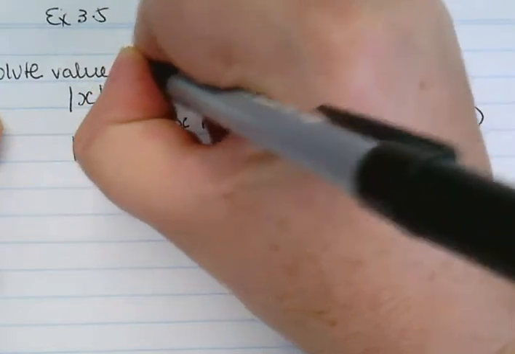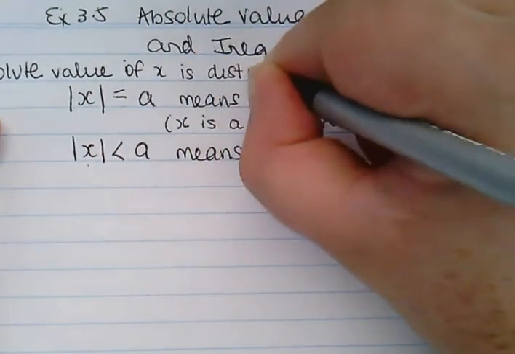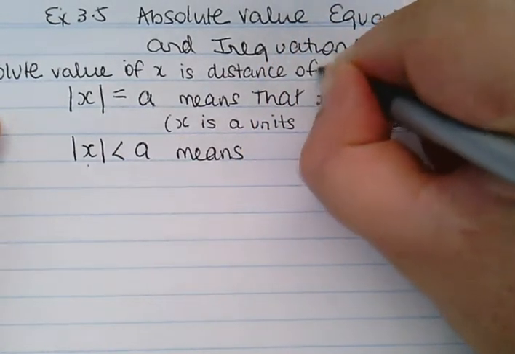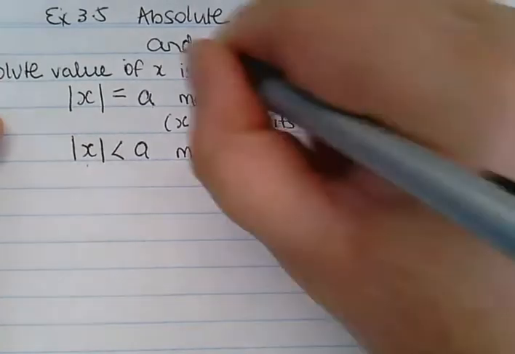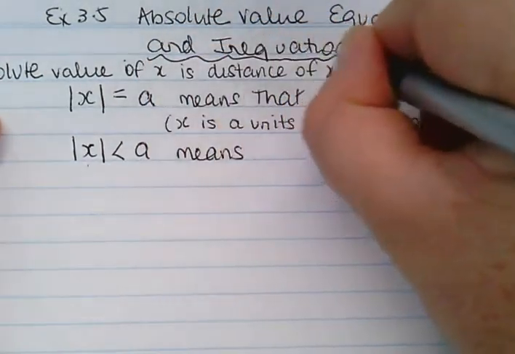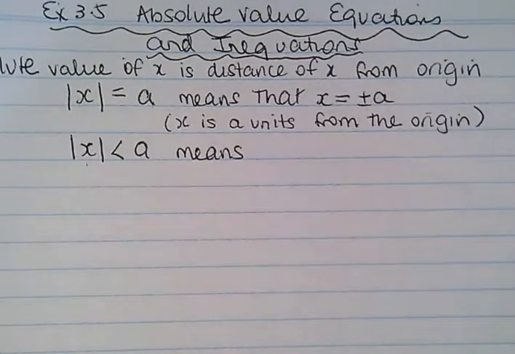So I'm just going to put absolute value of x is the distance of x from the origin. You have to remember it like that. If you remember it like that, it really helps you when you come to set up more difficult problems. All right? Absolute value of x is the distance of x from the origin.